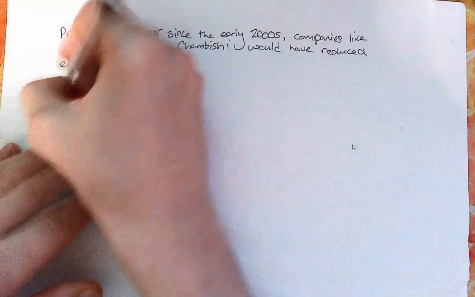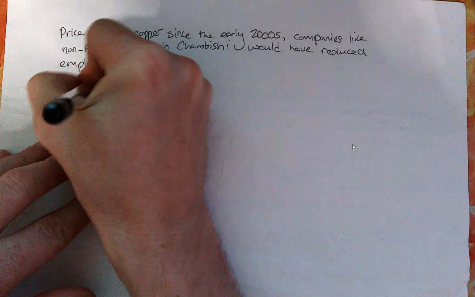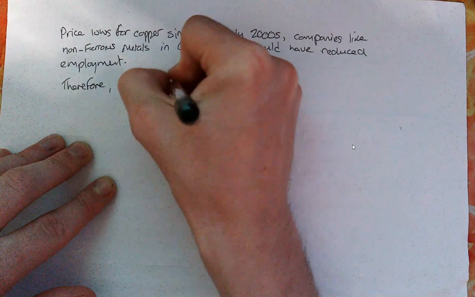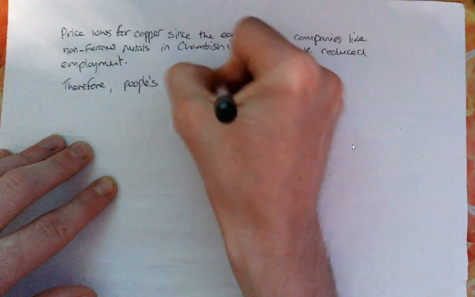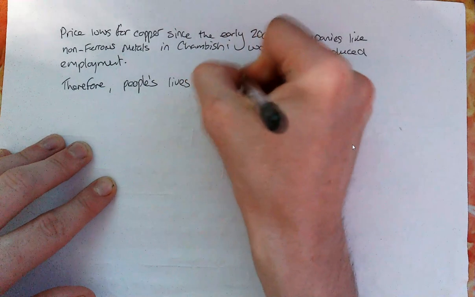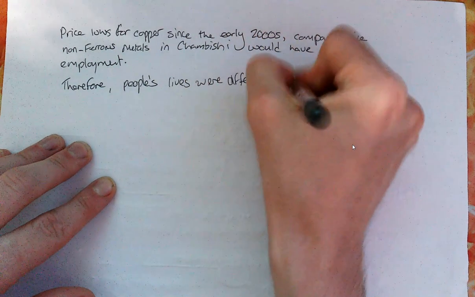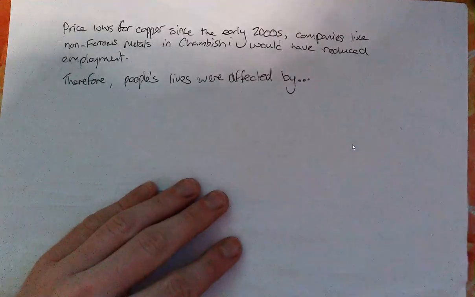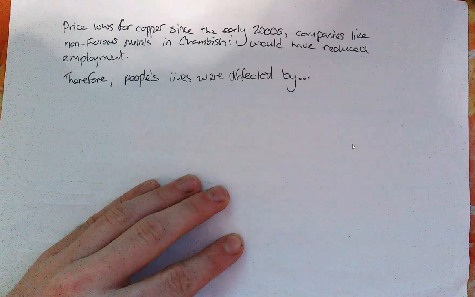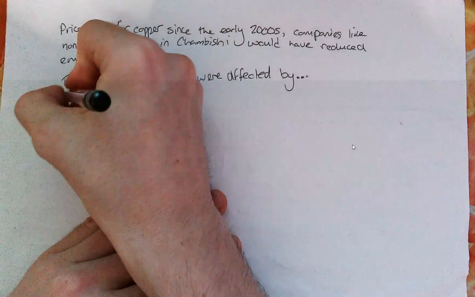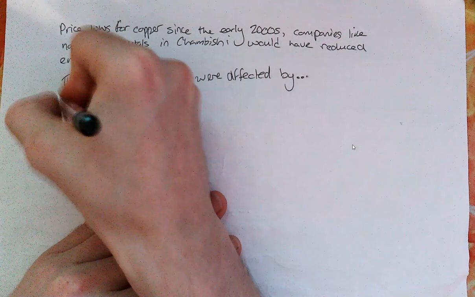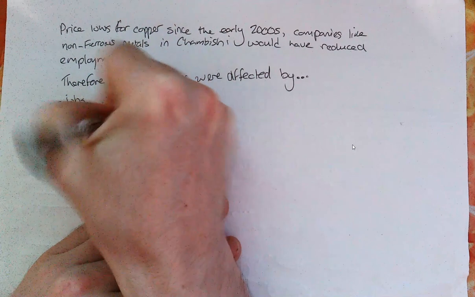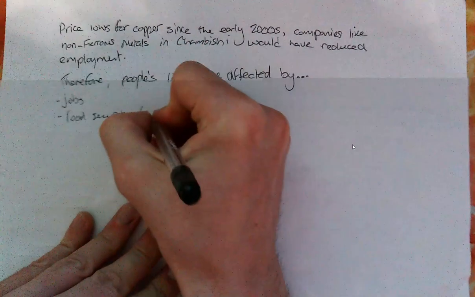Now, if that happened, you need to be able to develop that and say, therefore, people's lives were affected. How were their lives affected? Tell us how that happened. By reducing incomes, by making people jobless, meaning they couldn't afford food. So we're thinking about jobs, we're thinking about food security, linking into our topics like our resource reliance unit.